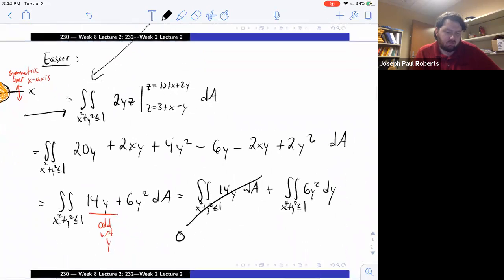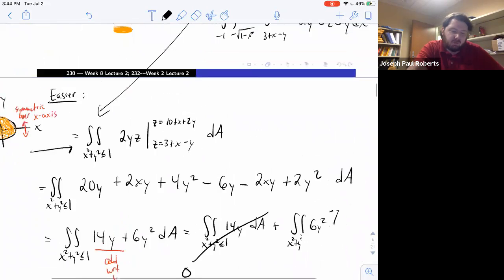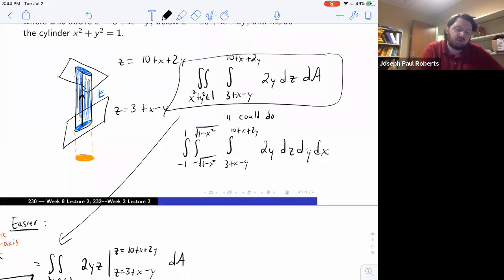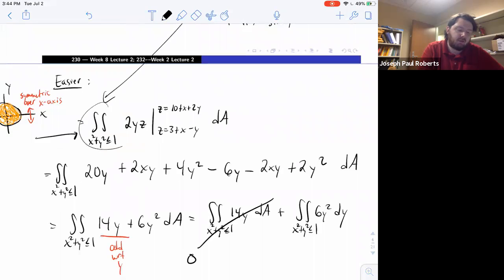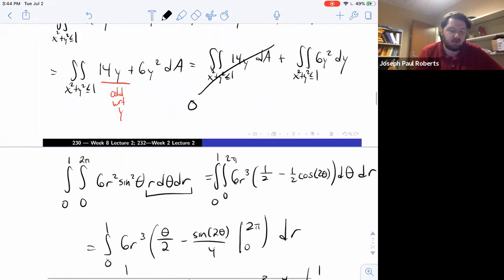Next week, we'll learn something called cylindrical coordinates, which will allow us to make that transformation to r and theta when we're still on the triple integral. But there's no reason why we can't do the first step of this triple integral, and then once I'm left with the double integral, do the conversion to r and theta at that stage.